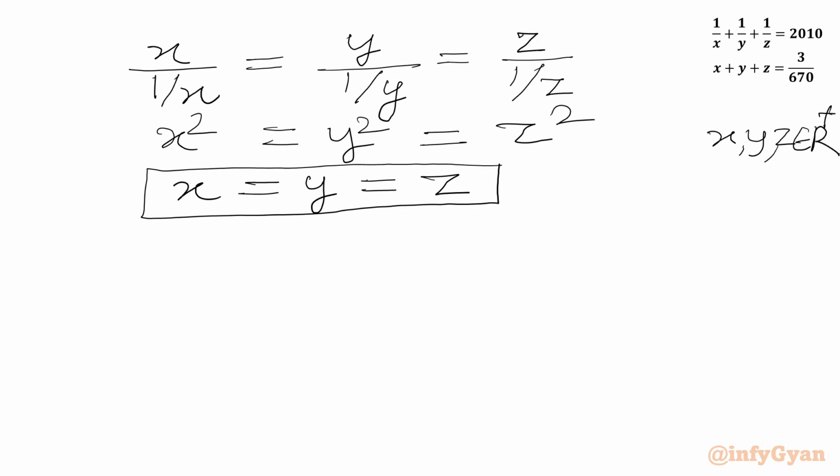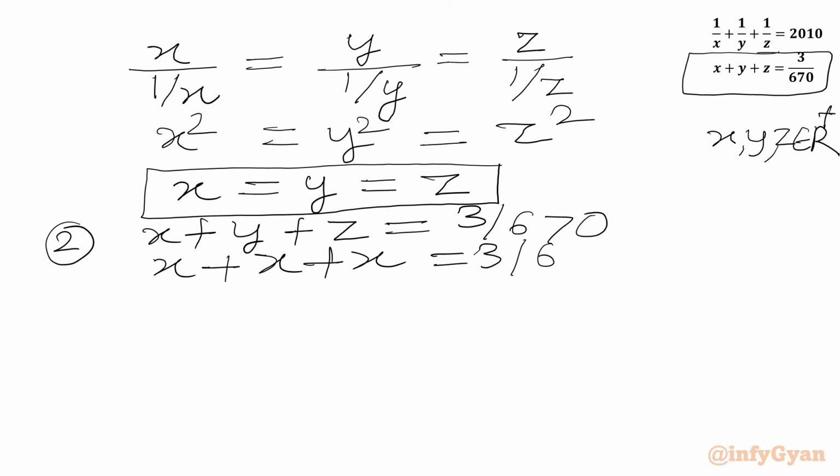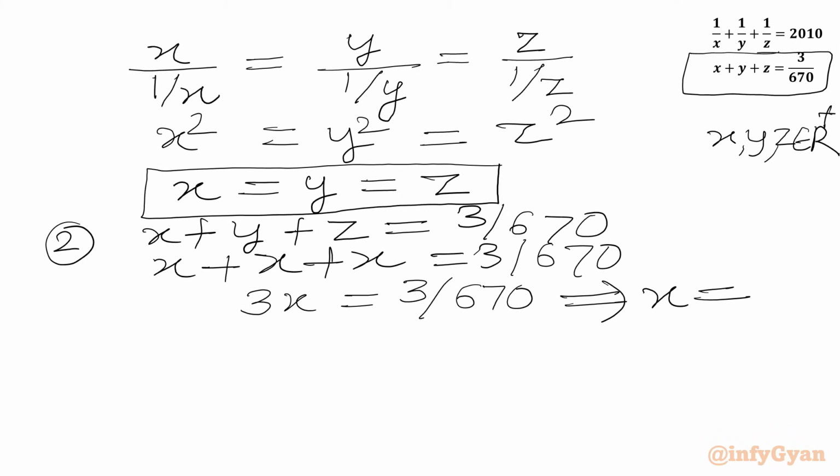Once x equal to y equal to z, we are going to plug in equation 2. So I can write here x plus y plus z equal to 3 over 670. Then we'll be writing x plus x plus x equal to 3 over 670, or 3x equal to 3 over 670. Now we can divide both sides by 3 and we can get the value of x, 1 over 670.